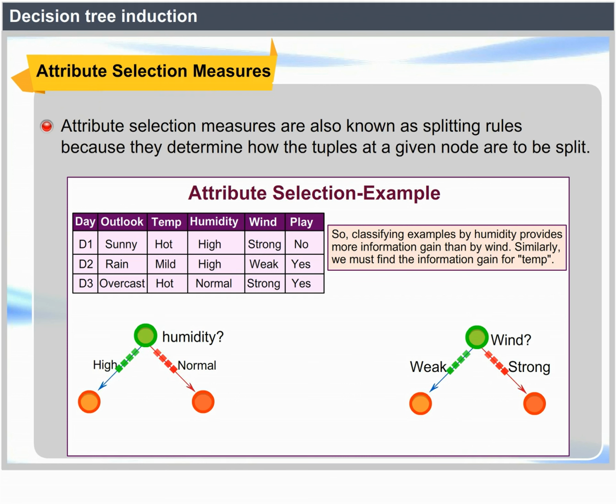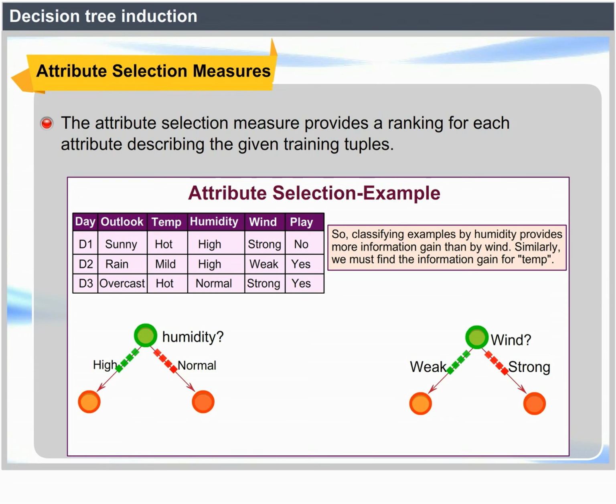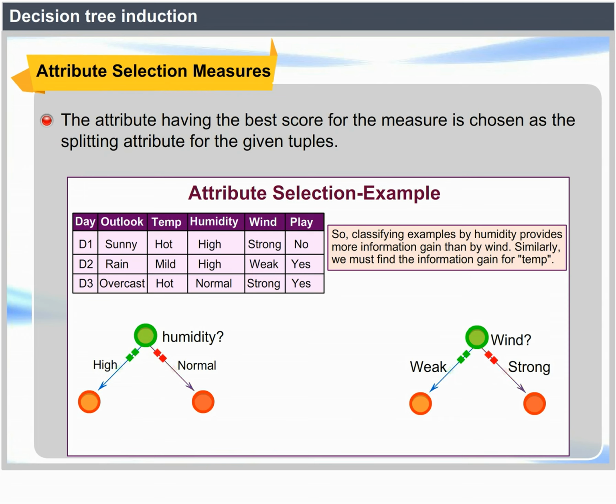Attribute selection measures are also known as splitting rules because they determine how the tuples at a given node are to be split. The attribute selection measures provide a ranking for each attribute describing the given training tuples. The attribute having the best score for the measure is chosen as the splitting attribute for the given tuples.